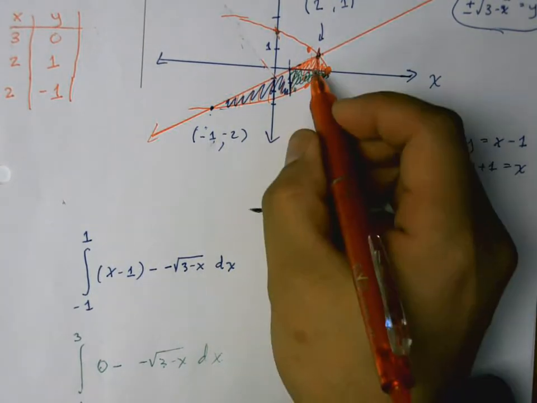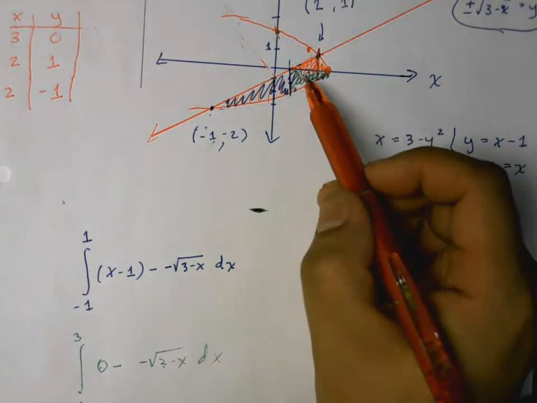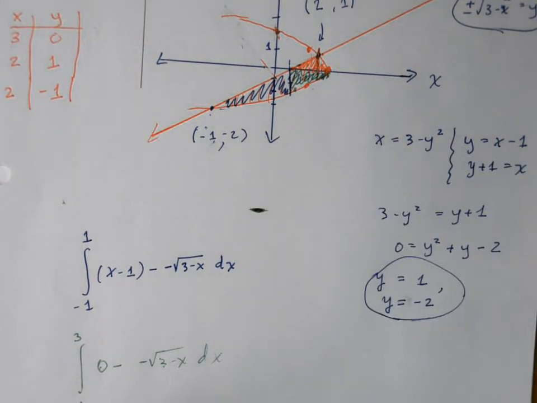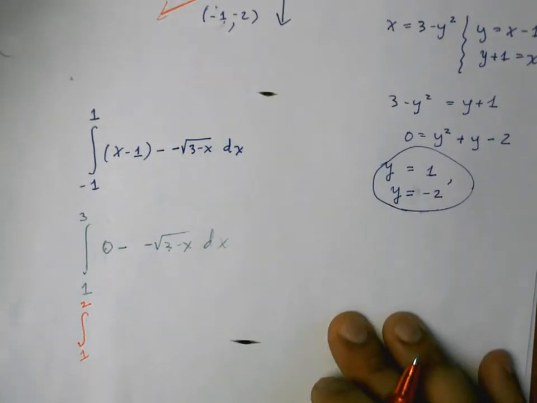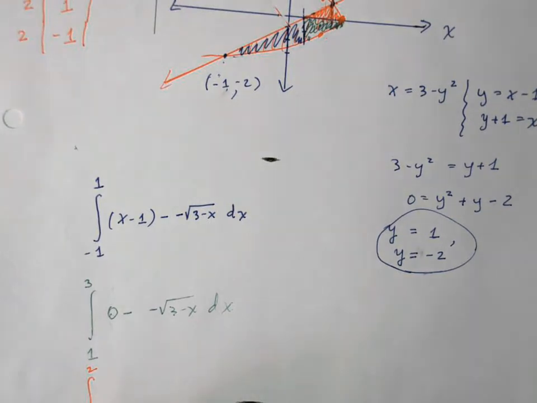We're integrating from 1 to 2, so let's see if I get it all in the same picture here. We're integrating from 1 to 2, and the function that we're dealing with is x minus 1 dx.